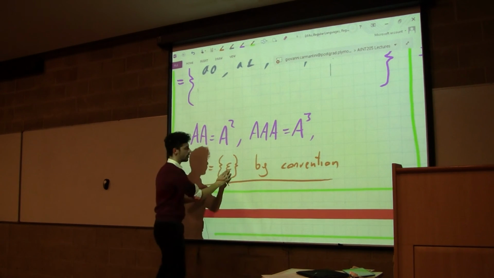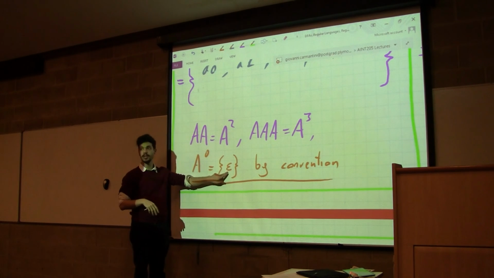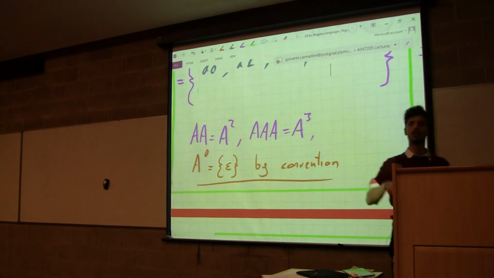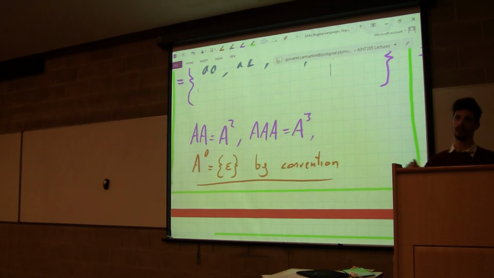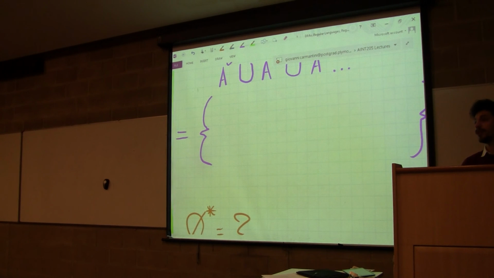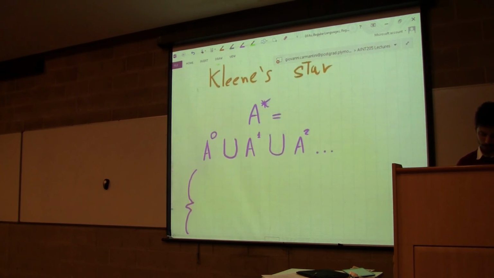A to the 0 is always epsilon, the empty string. Every time you have some set to the 0, it is just the empty string. It's by definition. Why is it that? Well, when in mathematics you have conventions, it's just because it makes the rest of the system work very well. So it's just a way to have to do less work.